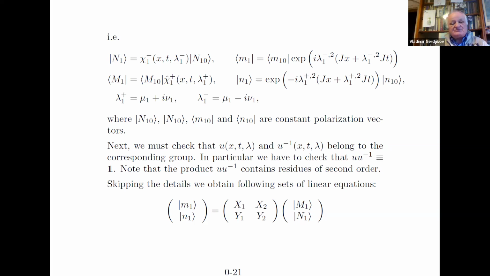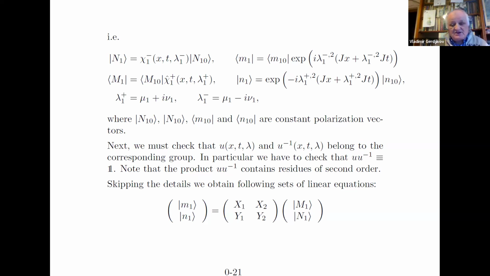Then we remember that actually U and U inverse must belong to the corresponding group, and that U and U inverse multiplied must give us the unit matrix identically with respect to lambda. Again, identically with respect to lambda.